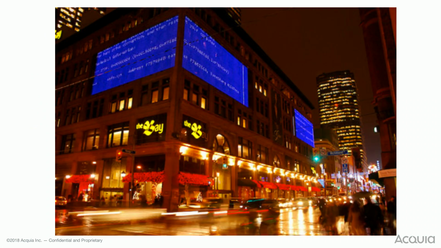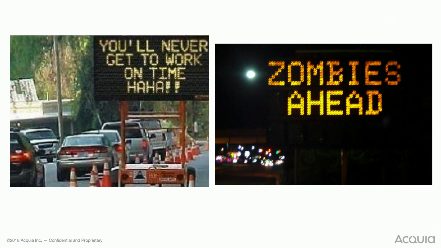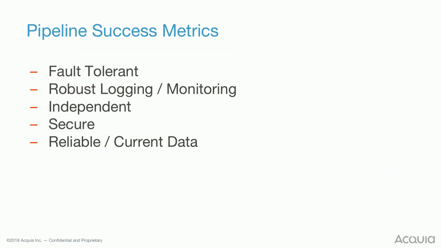And as cool as seeing something like this is, I particularly like these. You don't want to get this phone call asking what the hell's going on with the signs. So, again, security and fault tolerance are the sort of thing that you really need to plan for, because I guarantee you somebody's going to take a picture and make you look stupid when something goes wrong.